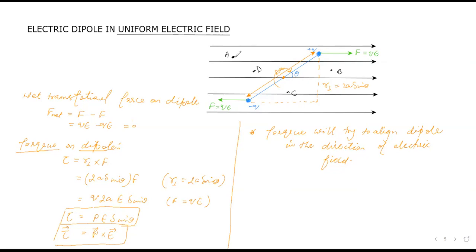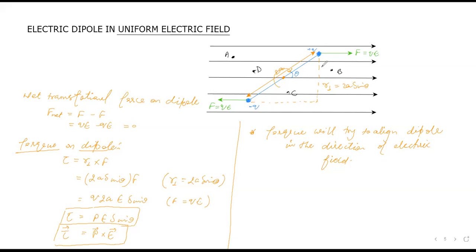Then at A, B, C, or D, the electric field will not be the same.